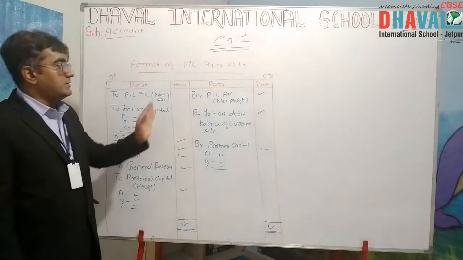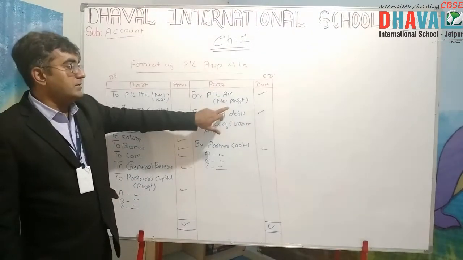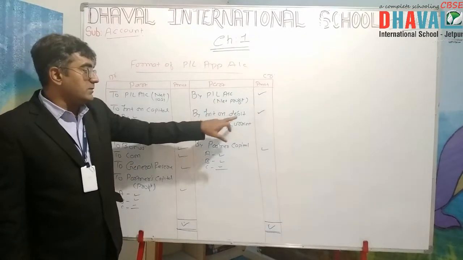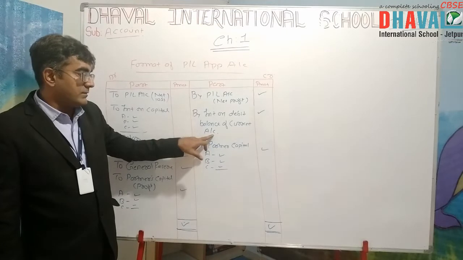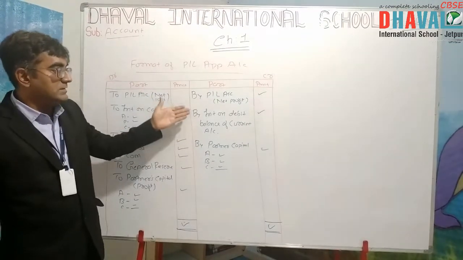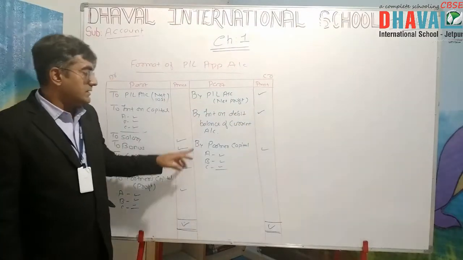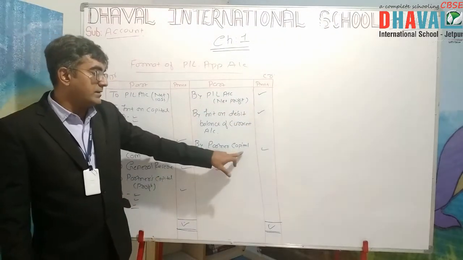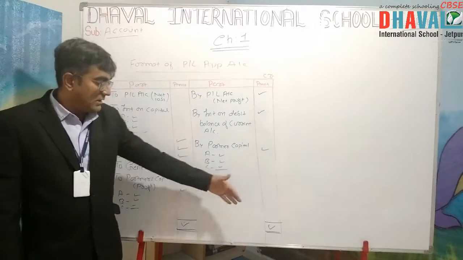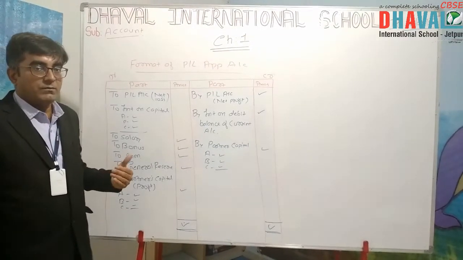Next we see the credit side: by PL account net profit. First on the credit side, by interest on the debit balance of current account. Whatever debit balance of the current account is given, for that we charge interest on the credit side. Then the last entry, by partners capital account A, B, C, we take the figure outside. Here the account is complete. Now next step.